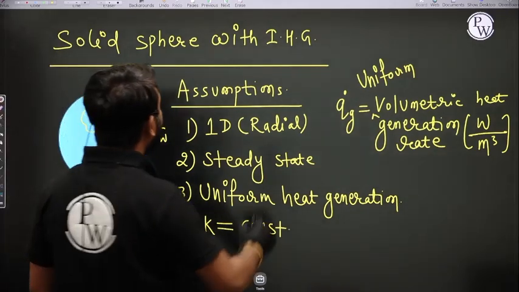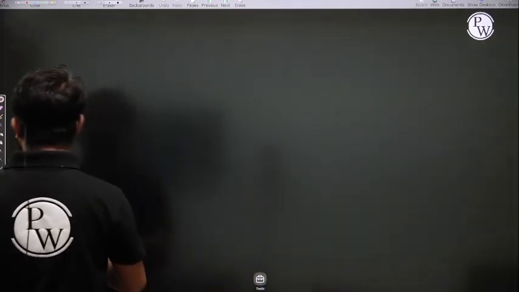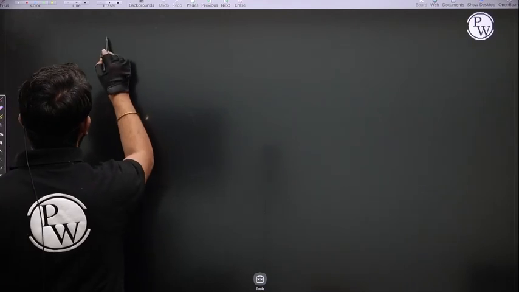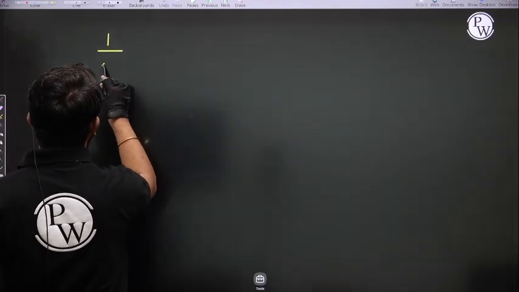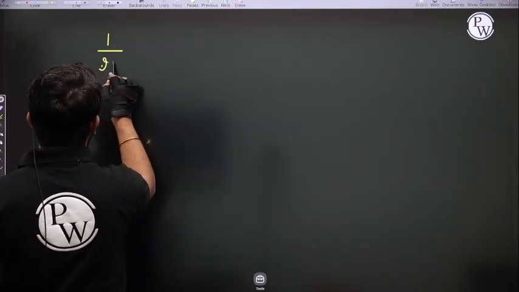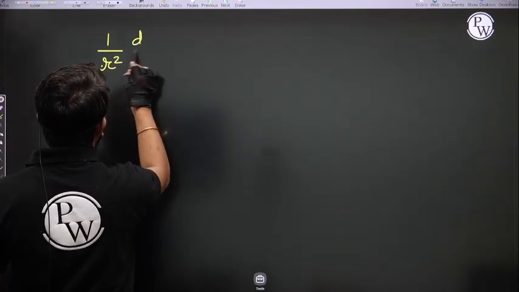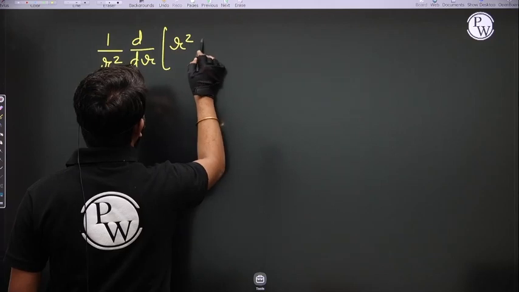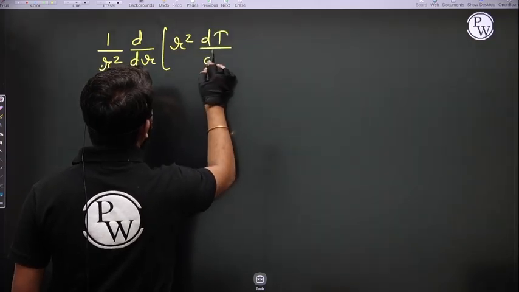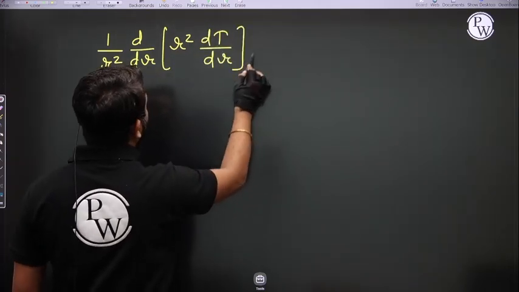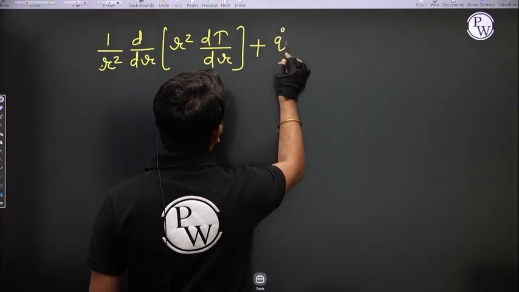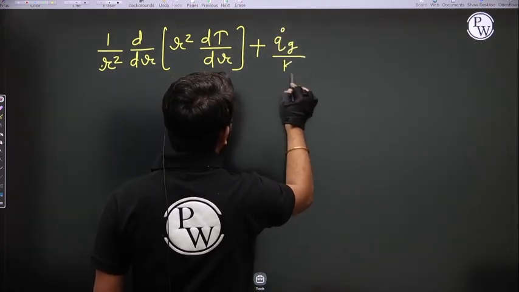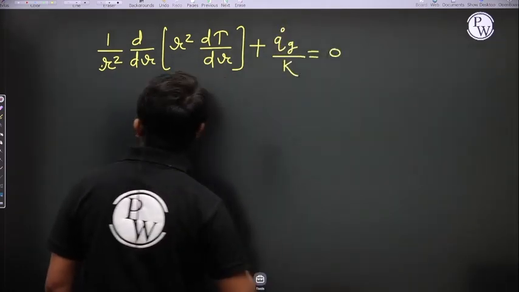Under these assumptions, can you write the general heat conduction equation? Yes sir, we can write 1 by r square d by dr of r square dT by dr plus Q dot G by k is equal to 0.